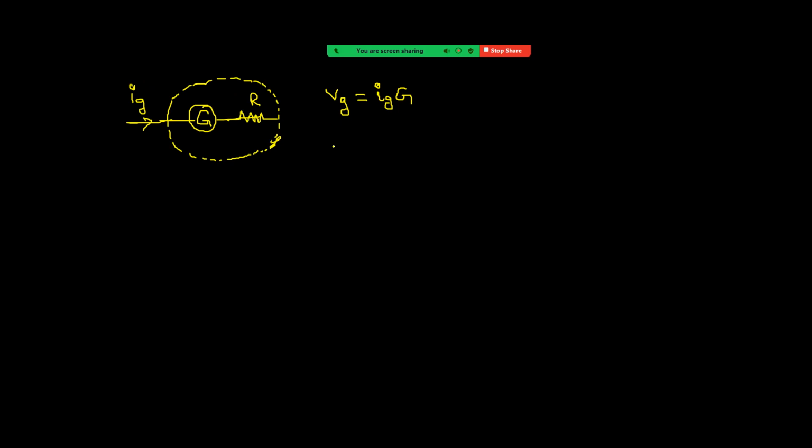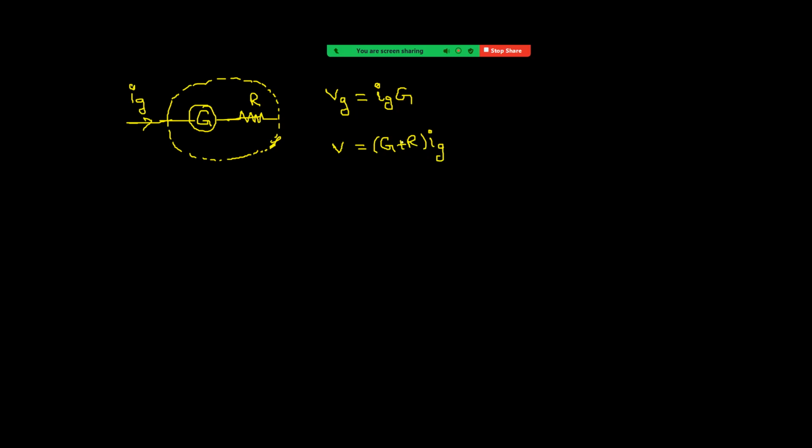So the potential difference we can now measure is G plus R, that is the new resistance, into Ig. That means we have increased its range by adding high resistance.